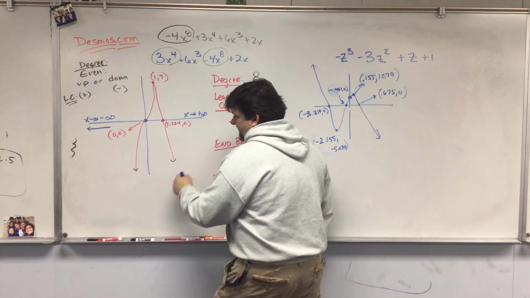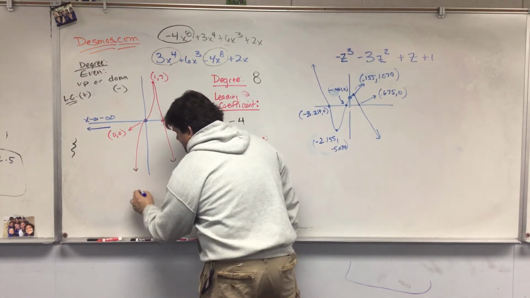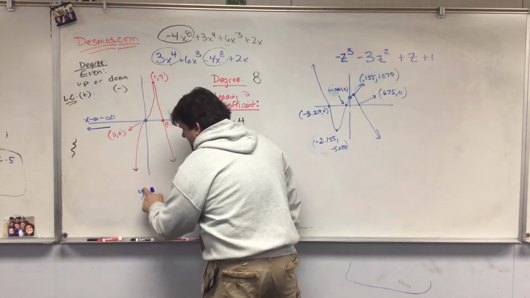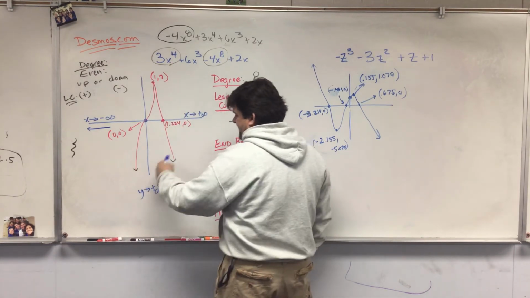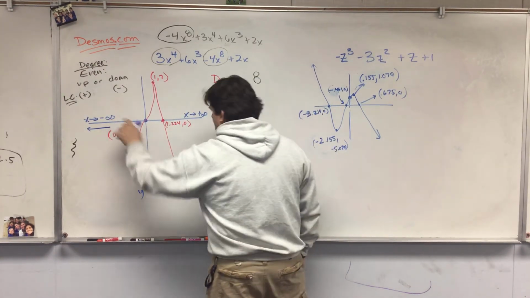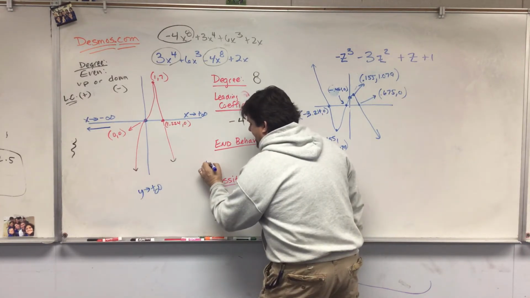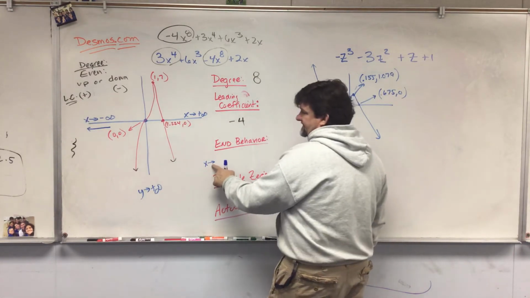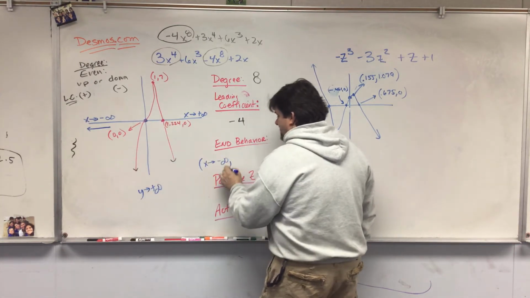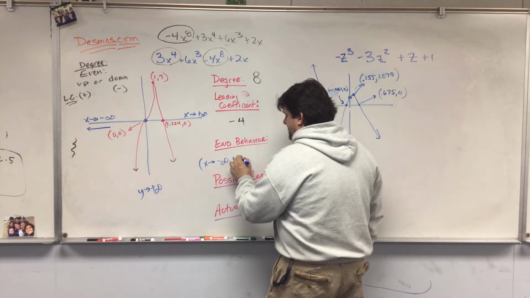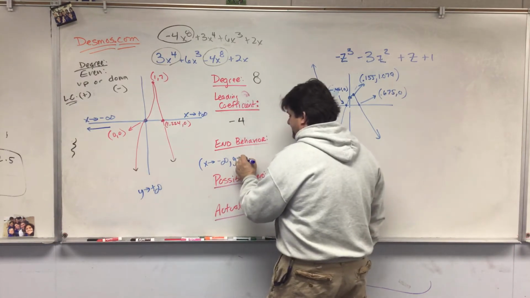So for this one, both of these ends would go, right? So what we would say is, as x approaches negative infinity, going to the left, then y is going to approach positive infinity.